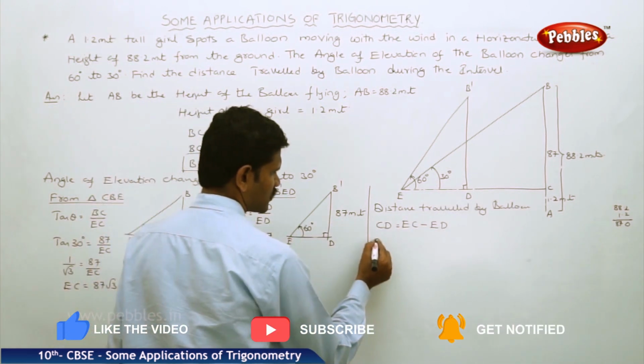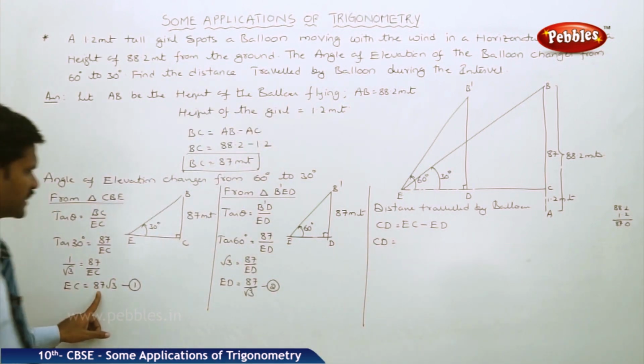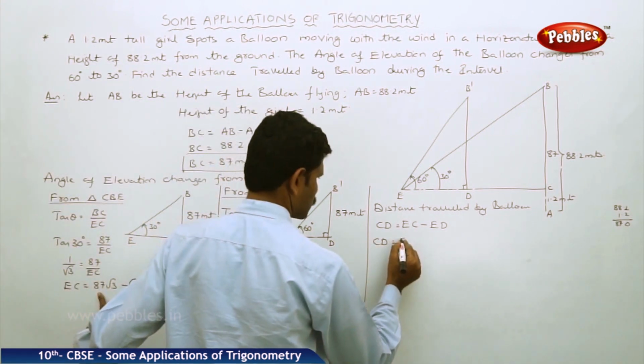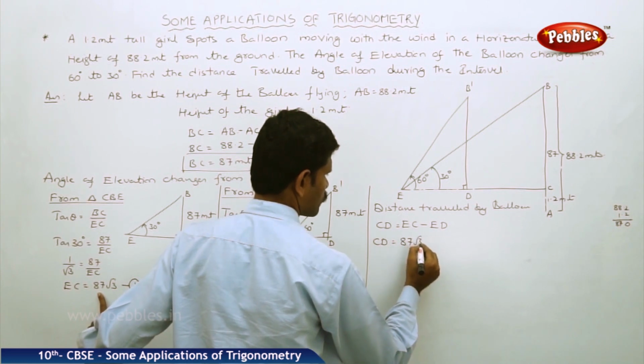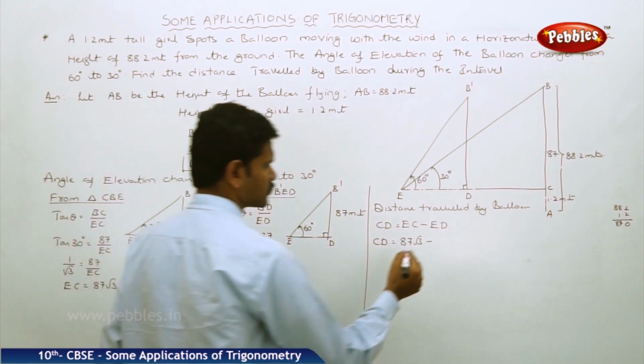That is, CD is equal to EC, 87 root 3, minus ED, 87 by root 3.